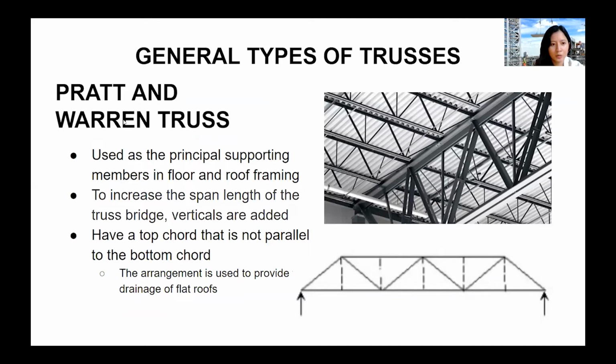So a combination of Pratt and Warren trusses is used to increase the span length of a structure. The Pratt and Warren truss may be used as principal supporting members in floor and roof framing. This type of truss has a top chord that is not parallel to the bottom chord to provide drainage for flat roofs.